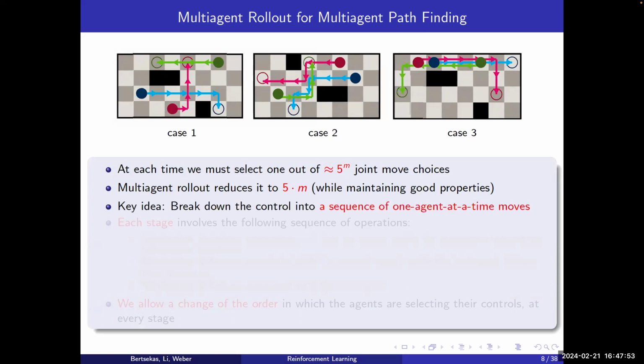The key idea here is to break down the control selection process into a sequence of one agent at a time move selection. Shortly, I will show you videos, animations of multi-agent rollout calculation. I will show 3 different cases.